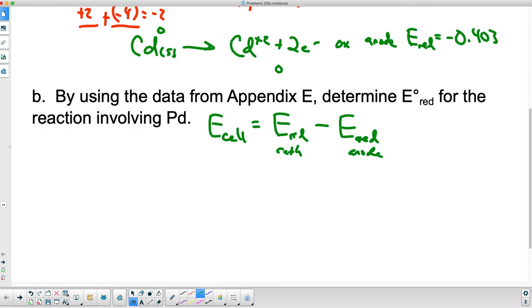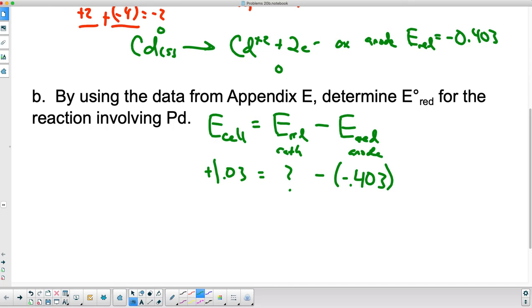And because of that, I have positive 1.03. That was given to us up above. We don't know what this one is, and that's minus a -0.403, I believe. And we look on Appendix E for that.